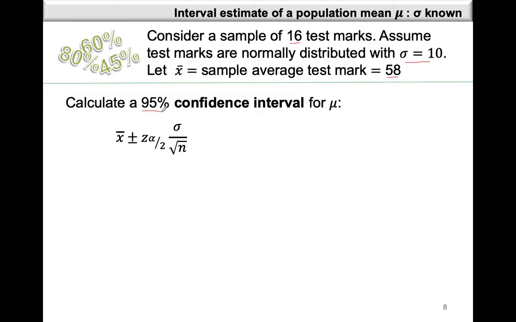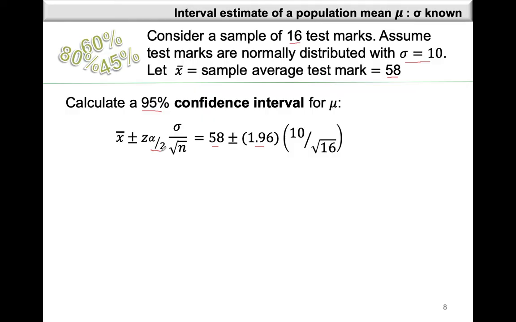So this is our interval estimate, x bar plus or minus z alpha over 2 sigma over root n. And this will be equal to 58, which is the value of x bar, plus or minus 1.96, which is our z value, since alpha over 2 in this case is going to be 0.05 divided by 2, which is 0.025.